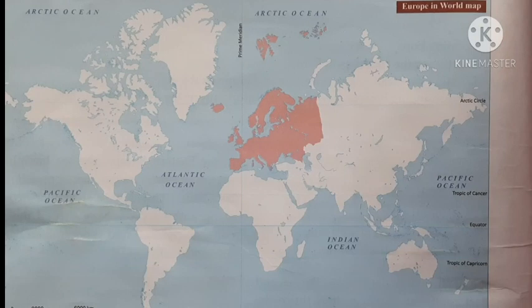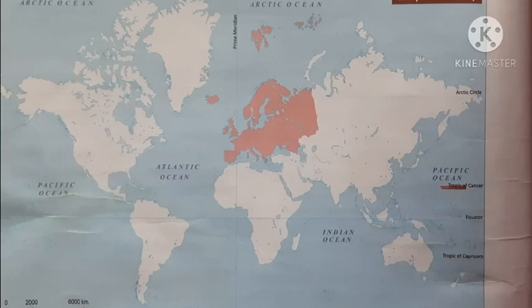The smallest continent is Australia, followed by Europe. When we consider the density of population, Europe has the second highest density of population. That means the first densely populated continent is Asia and second density is belonging to the European continent.